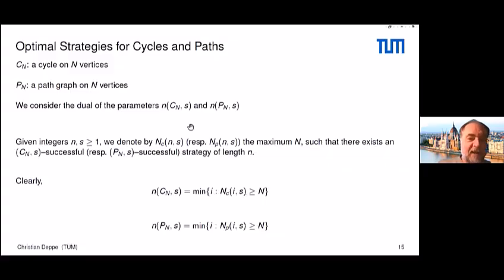So let us start with a simple assumption. I will start with a circle, that's a cycle on n vertices. Later we will see that for the path it's a little bit different. We again write n of Cn and S as I defined it before. It's the minimal number of tests we need for a cycle, and the minimal number of tests we need for a path.